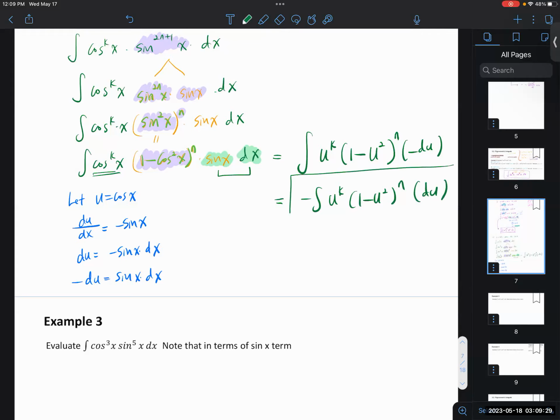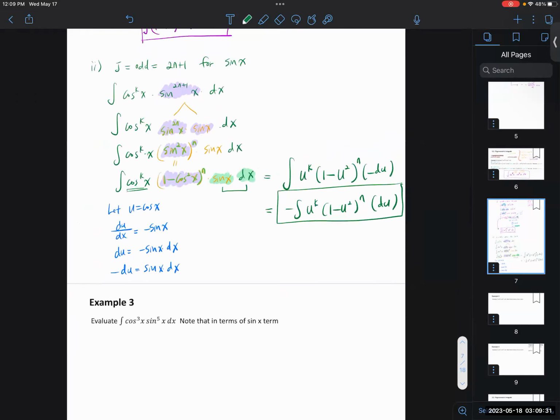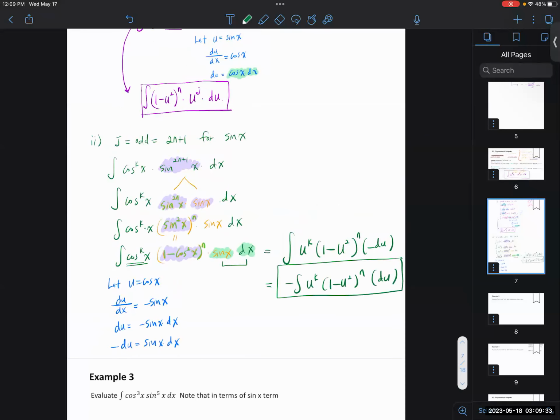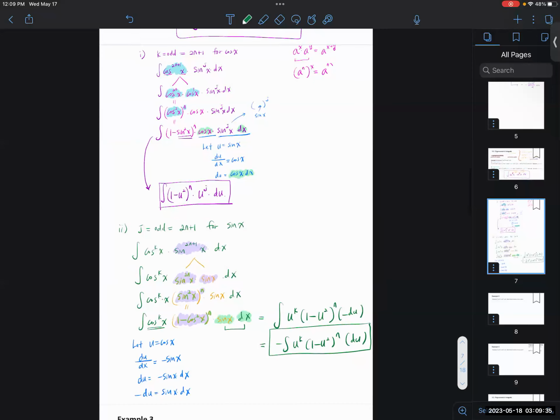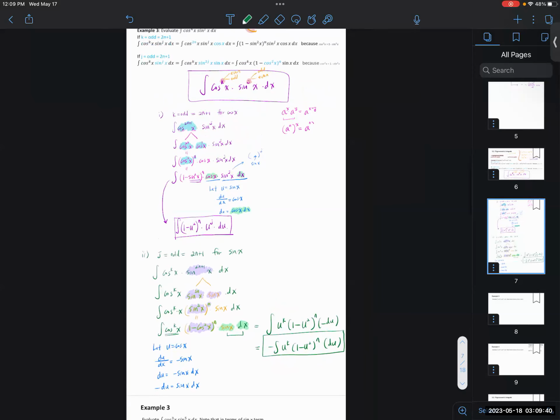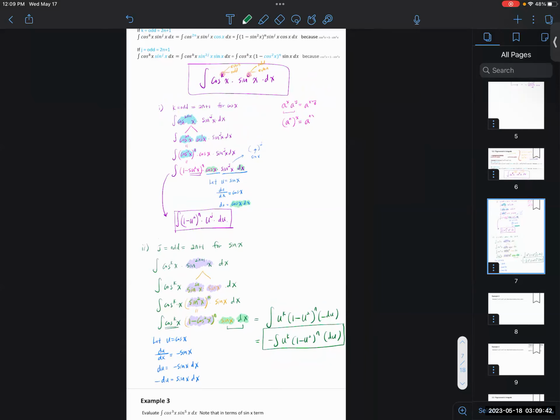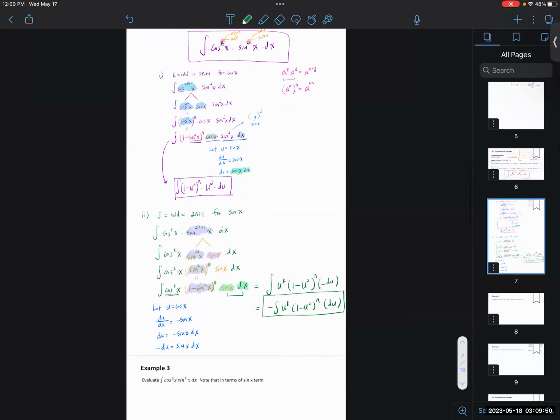And this is a general form when j is an odd number. You can think about other cases, like when k is even and j is even, but I just want to give you the idea. You can think about both k and j being odd numbers, and then you can generalize the integral in this format.